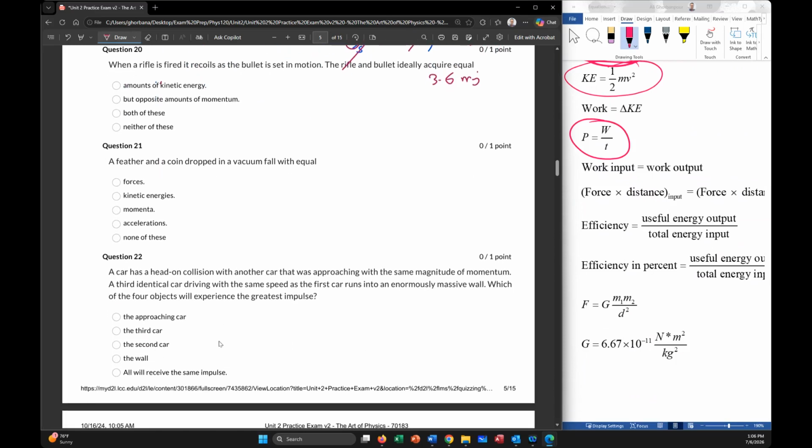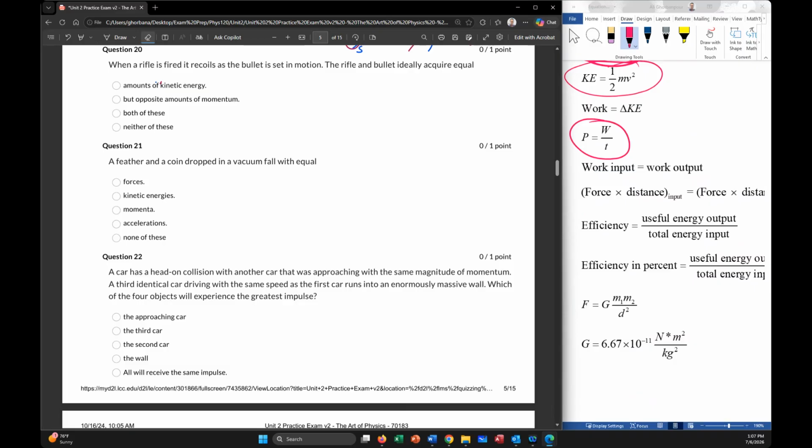So question number 20. When a rifle is fired, it recoils as the bullet is set in motion. The rifle and the bullet ideally acquire equal amount of kinetic energy? No, because the velocity of the bullet is bigger than the velocity of the rifle.